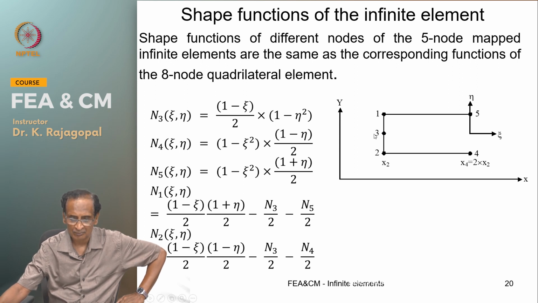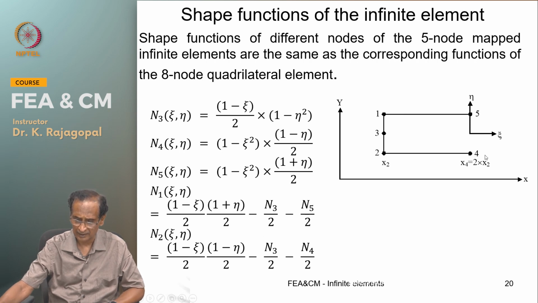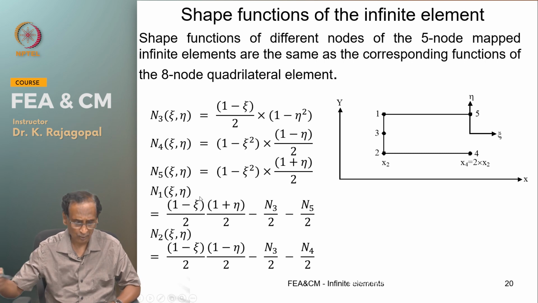So our N3 is 1 minus xi by 2 times 1 minus eta square. In the eta direction we have 3 nodes, and along the xi direction there are only 2 nodes. N4 is 1 minus xi square because there are 3 nodes in the xi direction. Then in the eta direction there are only 2 nodes, so 1 minus eta by 2. N5 is 1 minus xi square, 1 plus eta by 2, and N1 for the 4 node element.